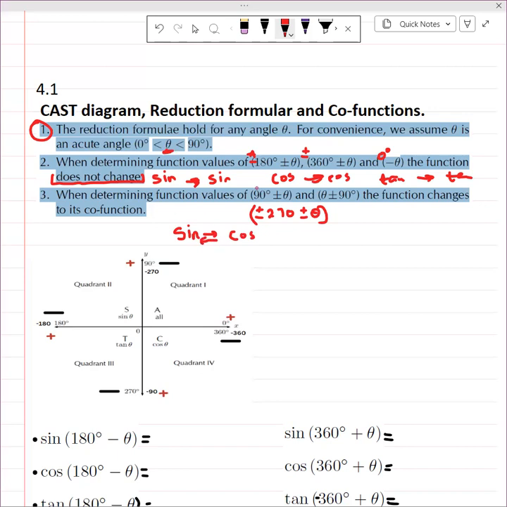Once you see 90 and 270, you know that you are going to switch. If you originally had a sine, now your answer will include a cos. If you originally had a cos, now your answer will include a sine. And if you have a tan, your answer will be a cot. Tan changes to cot, and cot changes to tan.